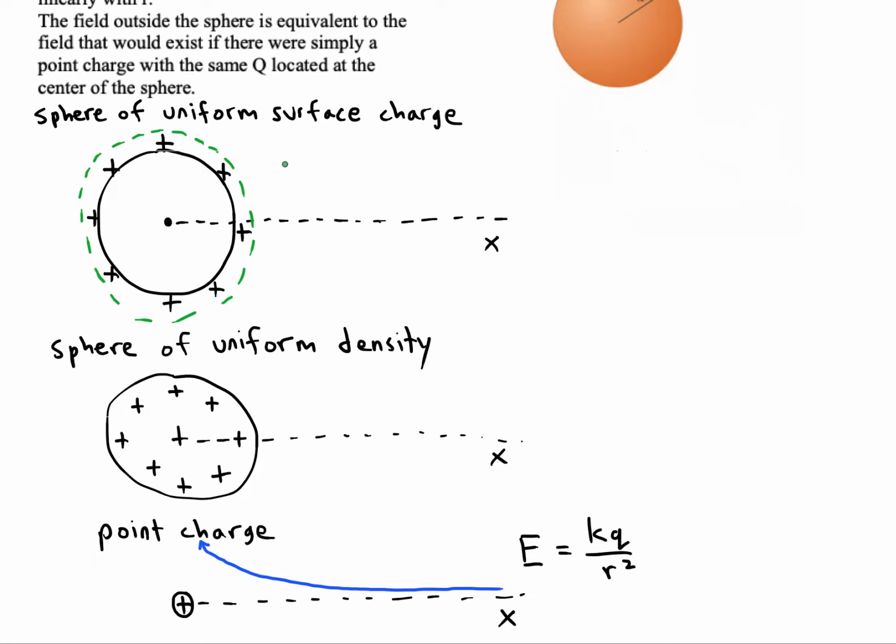So let's pick a Gaussian surface here that is just outside of the boundary of the sphere. And we could do it for both. Let's say that our sphere has a radius a in both cases.